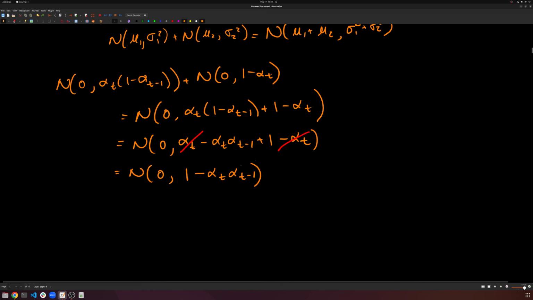Now let's just go ahead and rewrite this in our final form. We can write this as basically epsilon, which is standard normal, times the square root of 1 minus alpha_t alpha_{t-1}. So it's going to be the square root of 1 minus alpha_t alpha_{t-1} times epsilon, for again the same reason as before. Epsilon is a normal(0, 1).